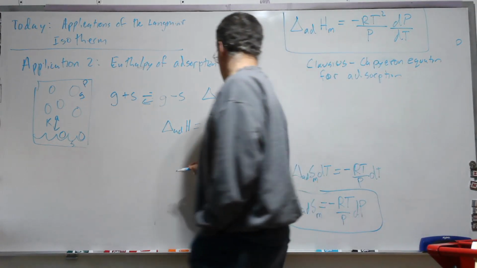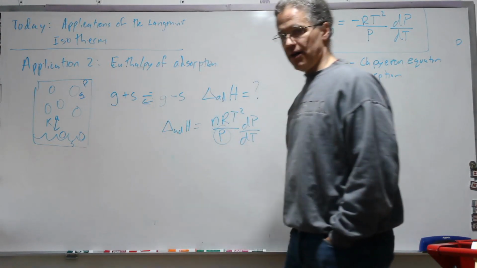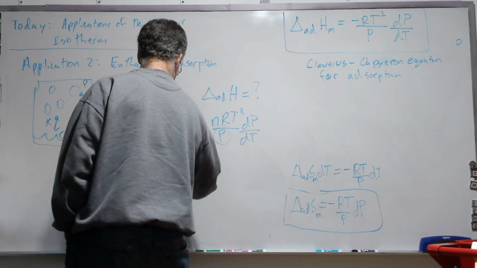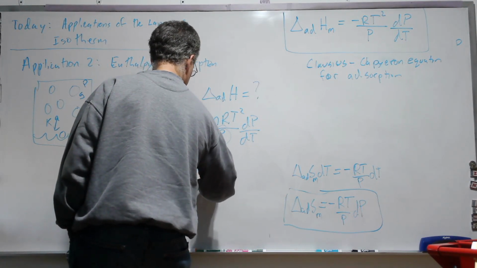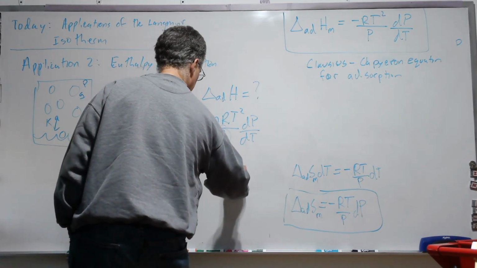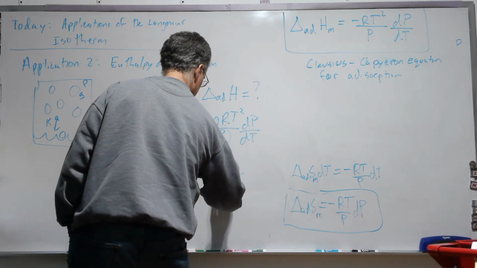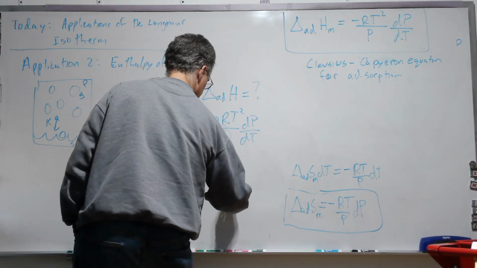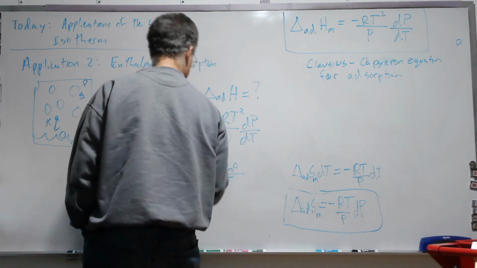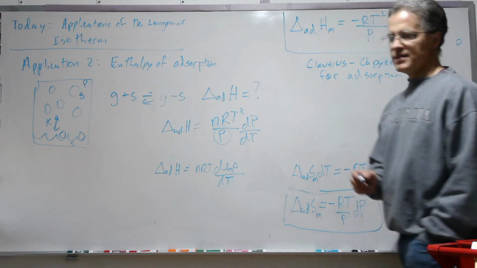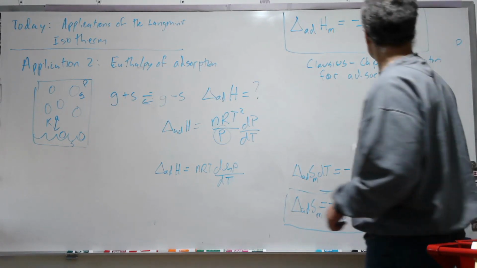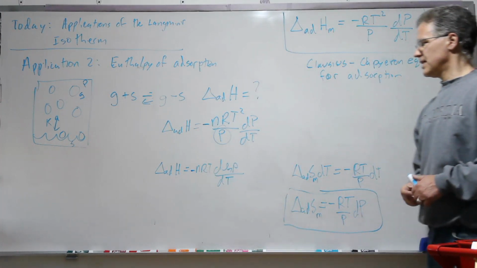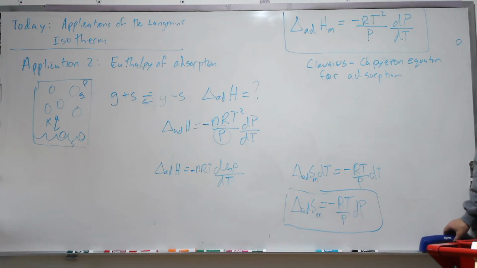So we notice this 1 over p out front. So you'll sometimes see this like this. And I think I missed a minus sign. Yeah, minus sign here. So we'll sometimes see that.